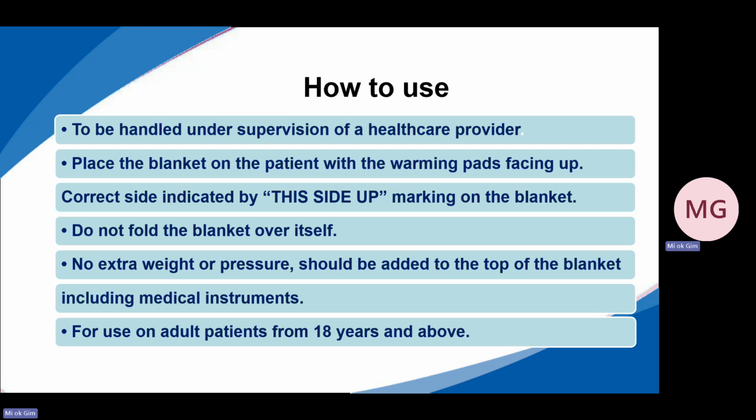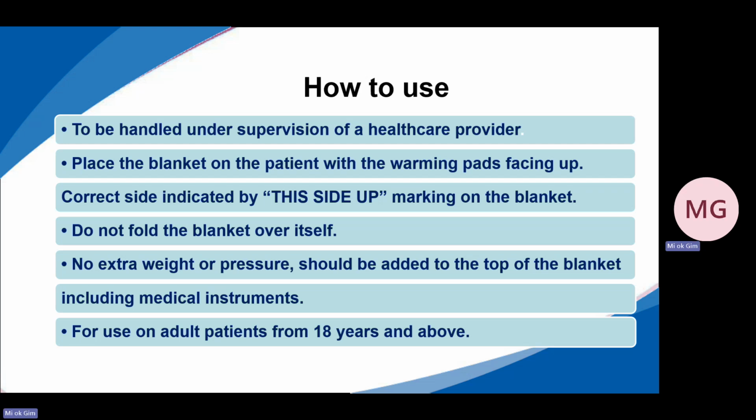It's not going to cause a fire, but when we're using it, we have to spread it. So for example, when patients go to the toilet or stand up, you just lift it up and put it on the chair, not folding. And then when they come back, we can put it all back on the patients.